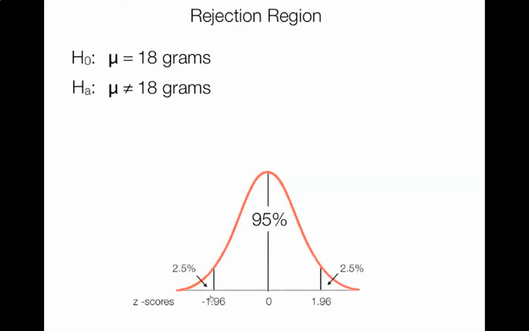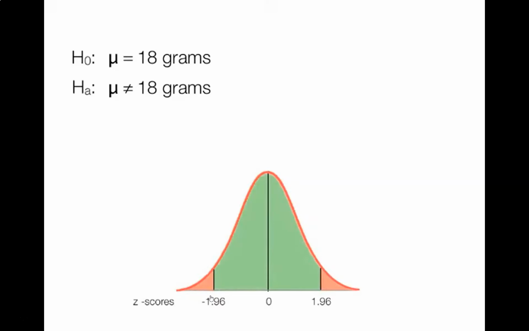Now we can determine our rejection region. It's the red area to the left of negative 1.96 and to the right of 1.96. We have a two-tailed test. If we get any score within the middle, we fail to reject the null hypothesis. And if we get any score less than negative 1.96 or more than 1.96, we reject the null hypothesis.